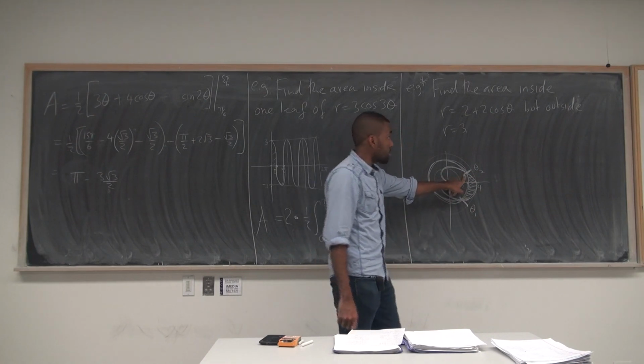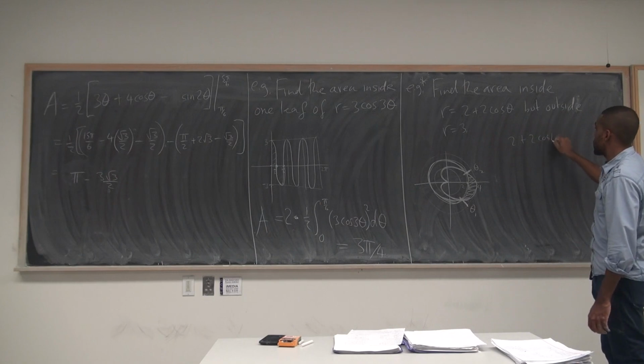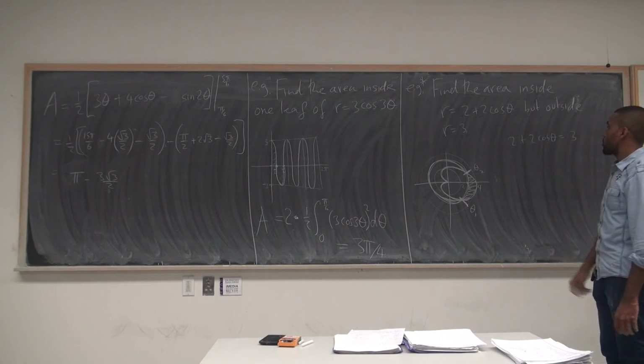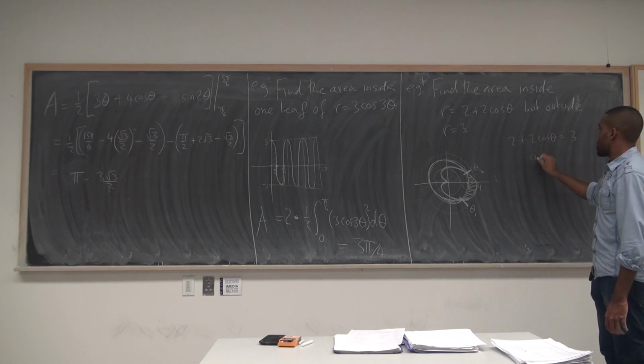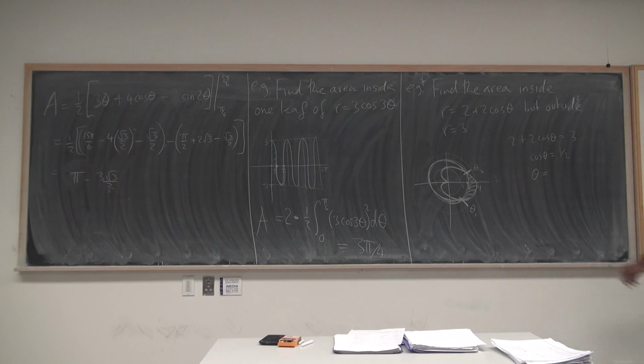Intersections. So I'm going to have 2 plus 2 cosine theta equals 3, which means cosine theta equals 1/2, which means theta is pi over 3, and this guy would be, I think of it as minus pi over 3.